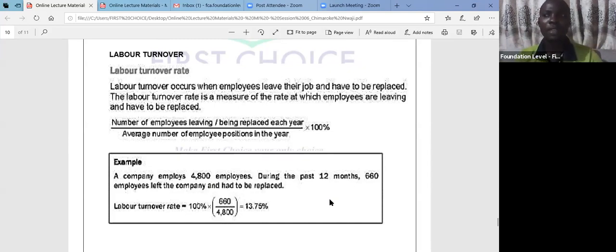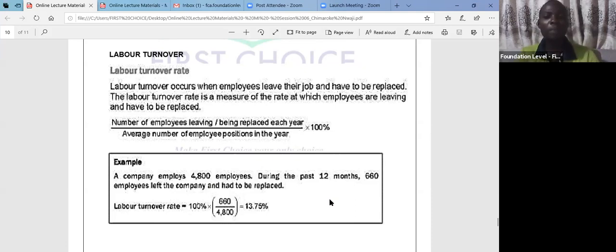If there are 10 positions, there must be about 10 staff in a year. If 2 or 3 people left and were replaced, all you need to do is divide 2 or 3 by the number of staff times 100 to give you the labor turnover rate.